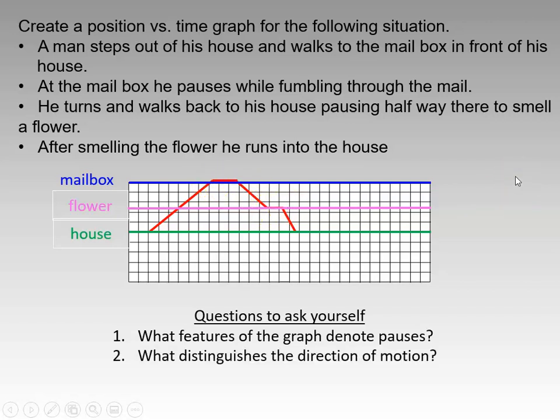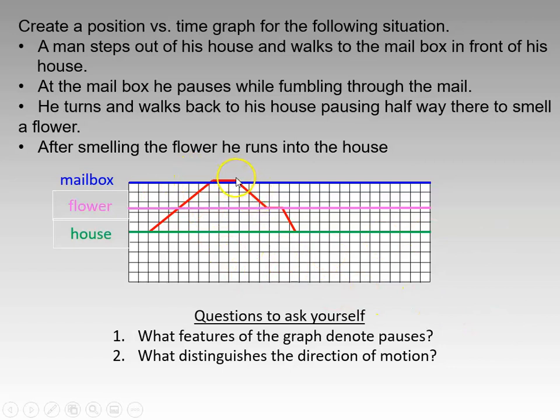And then the direction of motion. Well, going away from the house, we said that the mailbox was toward the right, so the person's going toward the mailbox. The graph of the motion is going to be going upward because more positive denotes upward, because toward the right is more positive.